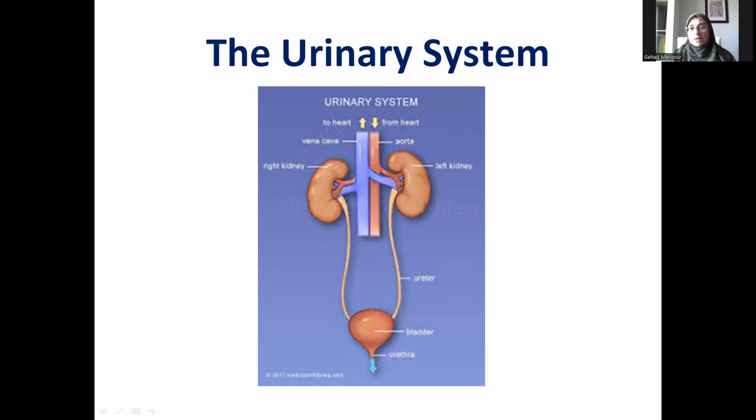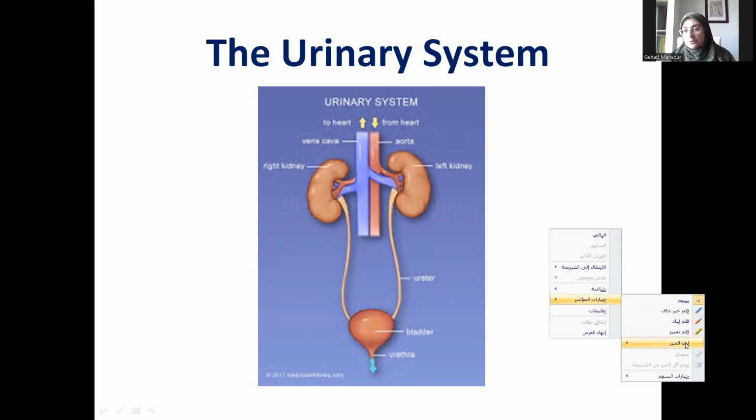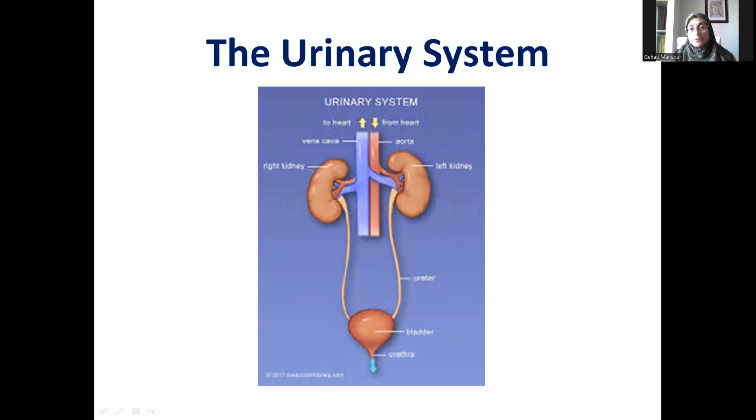What you have to take care of is that the kidney on that side is the right kidney, because as we said before, you consider that you are looking at a person in front of you. So that kidney that is towards your left hand will be the right kidney, whereas the other kidney will be the left kidney.